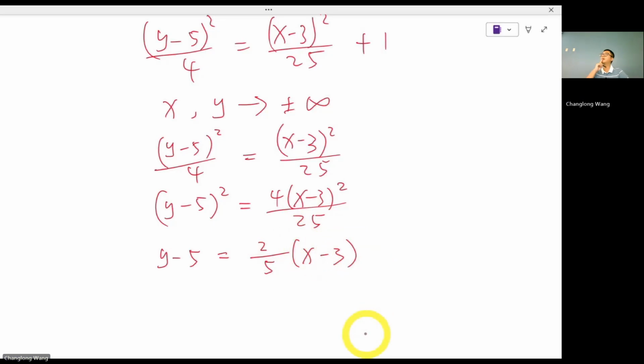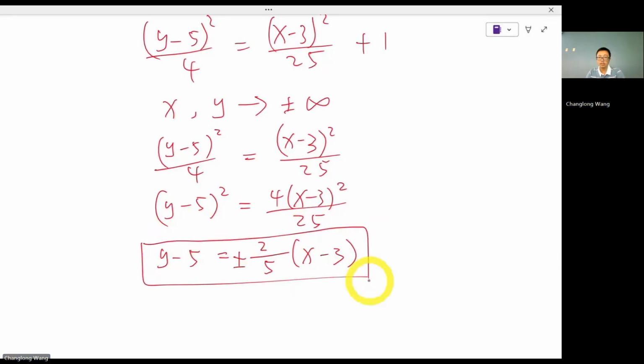Am I right? Did I miss anything? I thought there are 2 asymptotes, plus or minus. And that's it. Now, do these two equations look like equations of a line?